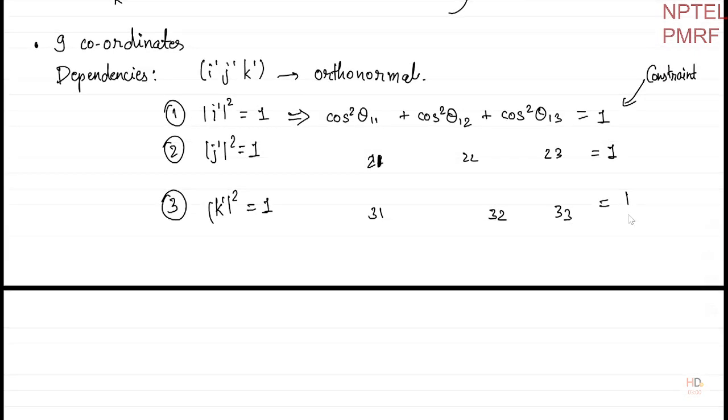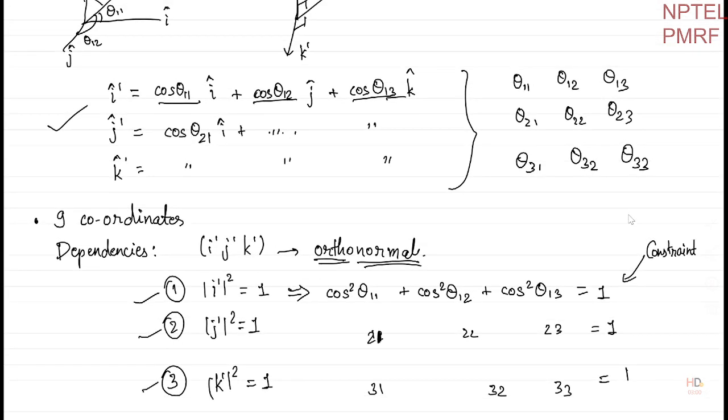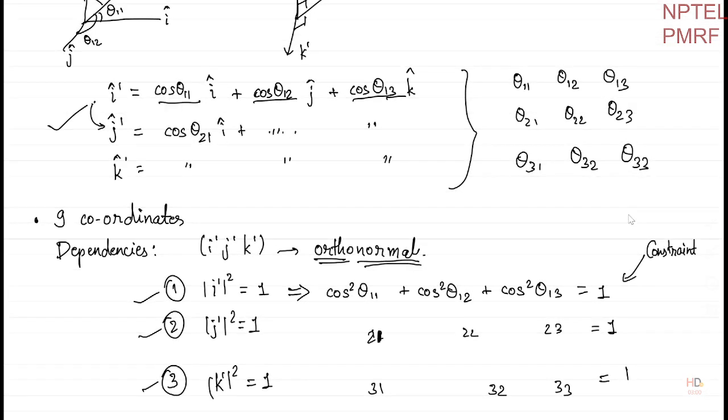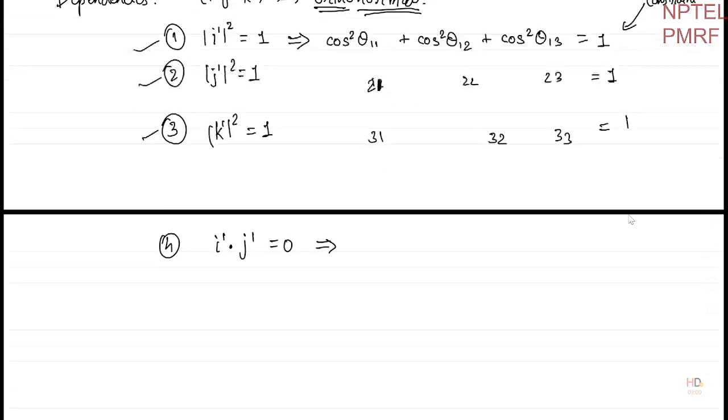That comes from the ortho part of the system. We talked about normal. These all are normal vectors. So the fourth would be that i prime dotted with j prime should be equal to 0, which means if you look at this, if you dot both of these, you get cos theta 1 1 times cos theta 2 1 plus this times this plus this times this, right?